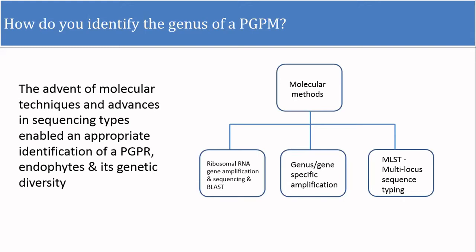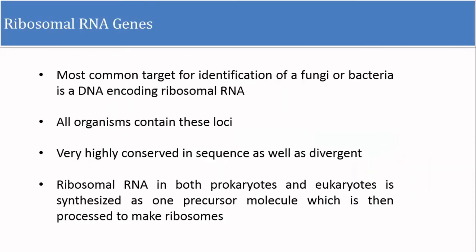Using this, we can sequence different segments of the genome, and based on that we will be able to identify the organism at the subspecies level. Here, mostly housekeeping genes are used in identifying the organism at subspecies level.